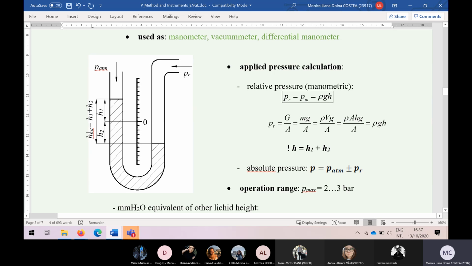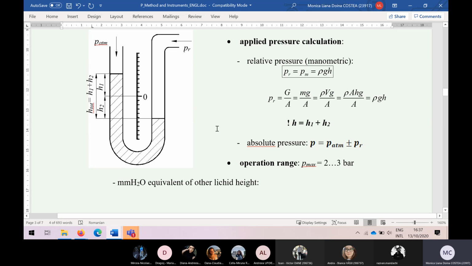H total is advised, as mentioned here, to be read separately on the two branches, from the 0 reference of the scale to the top on the left branch and from the 0 to the bottom on the right branch.